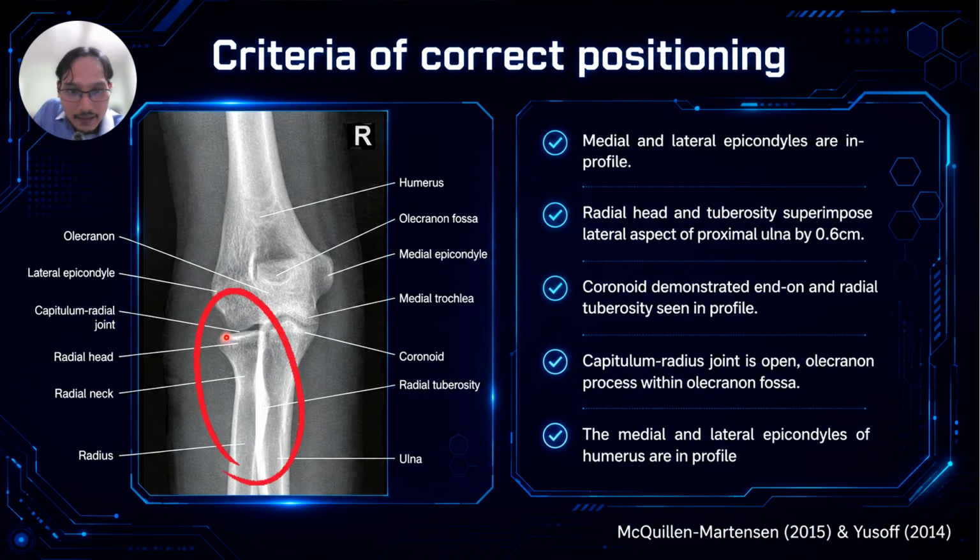Secondly, radial head and tuberosity superimpose lateral aspect of proximal ulna by 0.6 cm. Third is coronoid demonstrated and on end radial tuberosity seen in profile. Next, capitulum radius joint is open. Olecranon process within olecranon fossa.